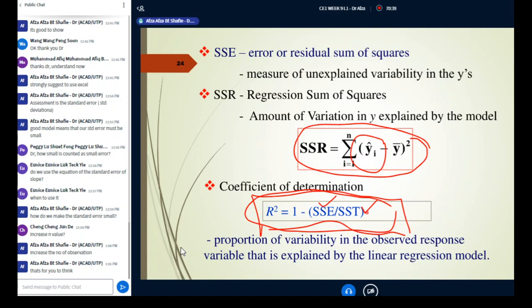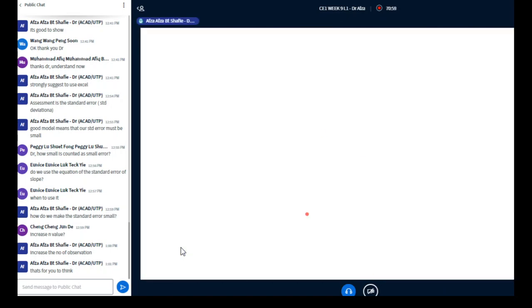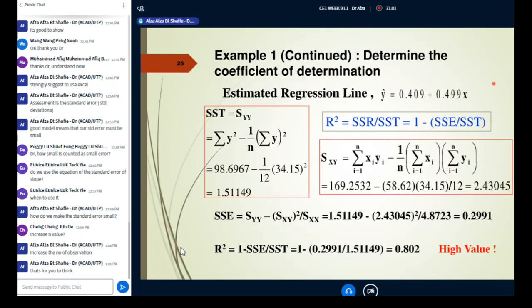We just want to see how much of the contribution of the dependent variable y and the independent variable x. So we calculate the value of the R squared. Then if we look at the calculation, based on that formula just now, this is our y equation that we got the prediction.